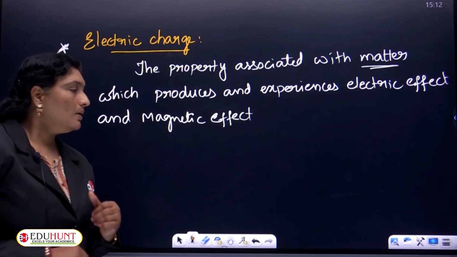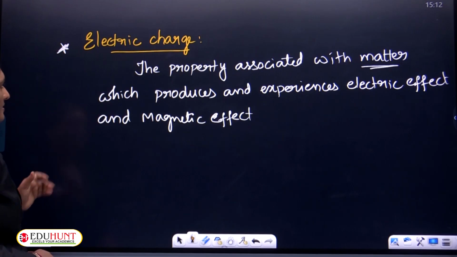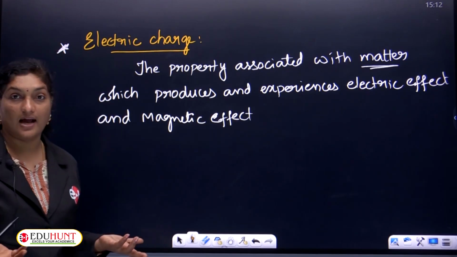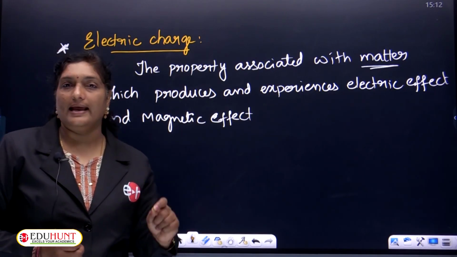Okay. So now let us also try to understand one more fundamental regarding this electric charge. So how, or from where, is this electric charge being produced? Okay. So origin of electric charge.